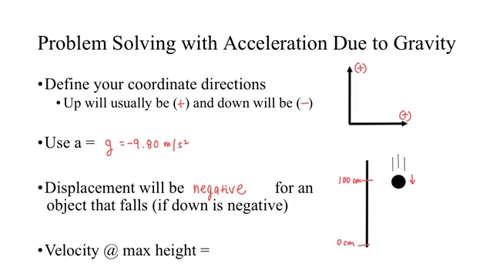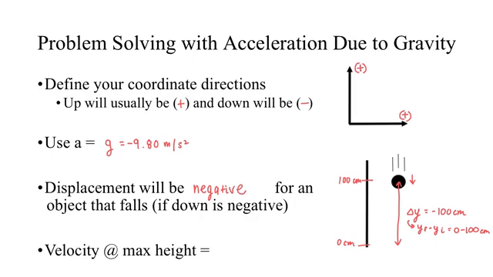And so for this object, it's delta y in this case, and I'm going to use delta y instead of delta x because we're dealing with vertical displacement, would be negative 100 centimeters. Essentially, my y final minus y initial would be 0 minus 100 centimeters. So just keep track of your position. Your position should be decreasing or becoming more negative as well.